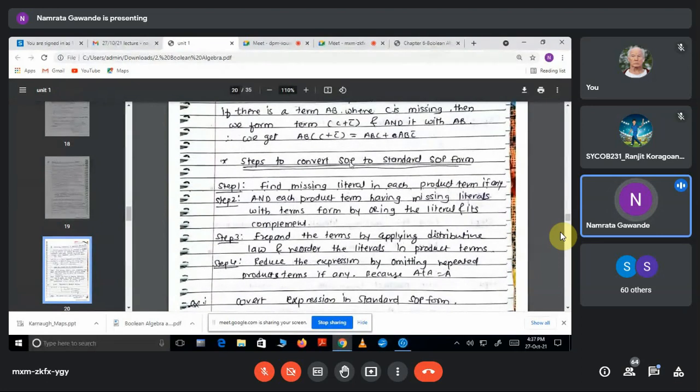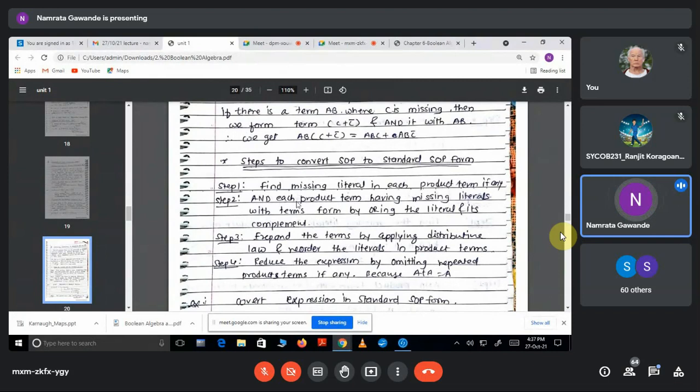What is the first step to convert SOP to standard SOP? First step, that is find the missing literal. You have to first find which one is the missing literal in each product term, if any. Then step 2, AND each product term having missing literals with terms formed by ORing the literal and its complement.